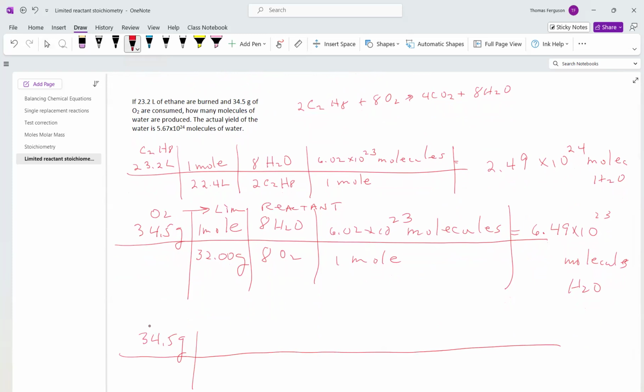Now, this is a situation where we figure out how many liters of excess ethane, then we have to convert it to grams to find out how much excess we have there. Because we can't subtract.